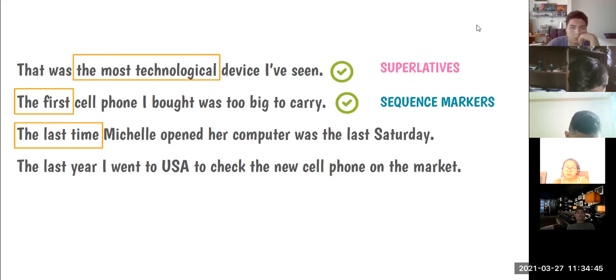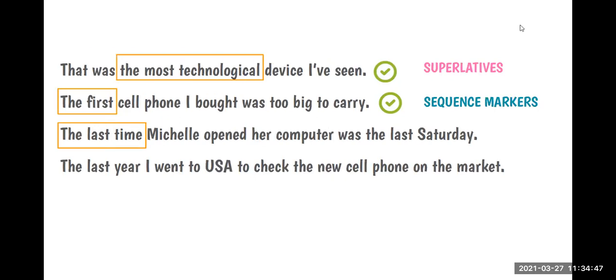I think that in the case of referring the last time, it could be correct, but I think that the article "the" in the second part is not correctly used. Very good. This is not correct. We don't say the last Saturday, right? We say last Saturday.